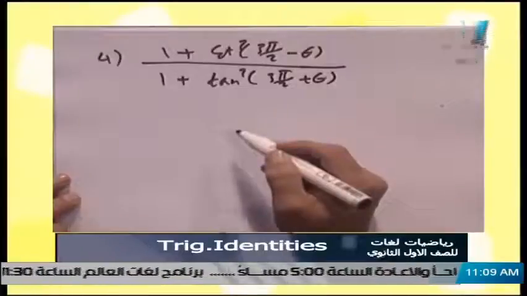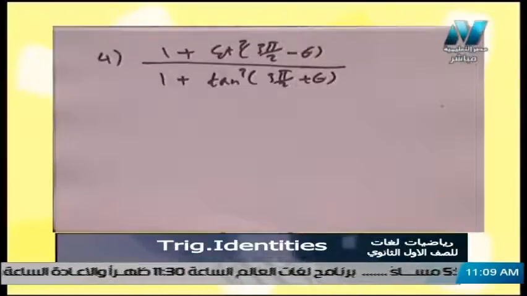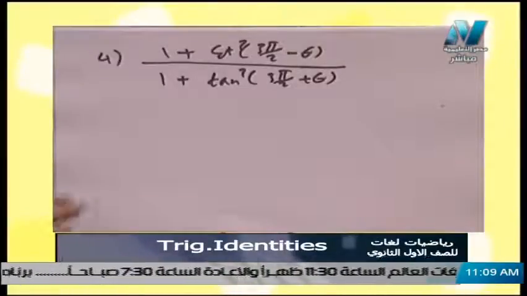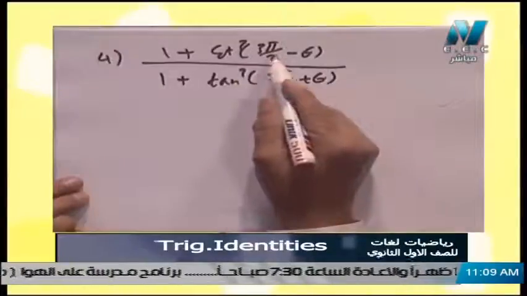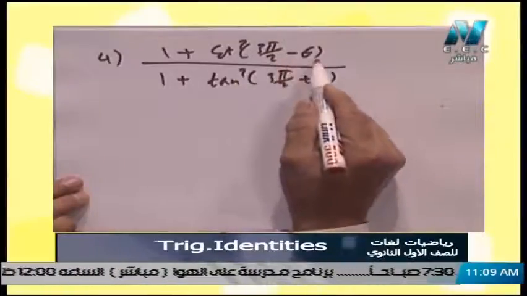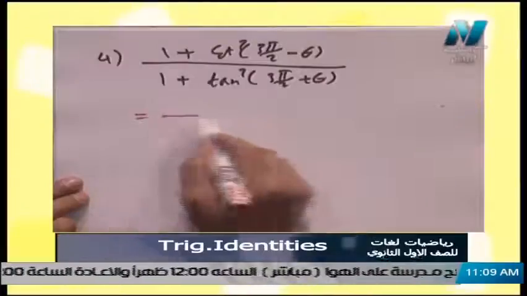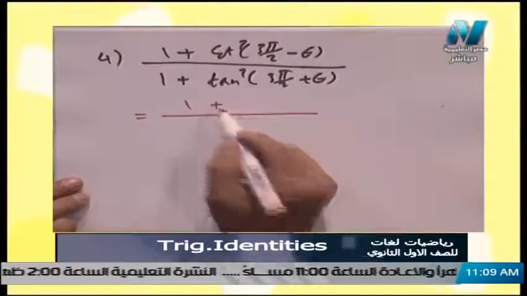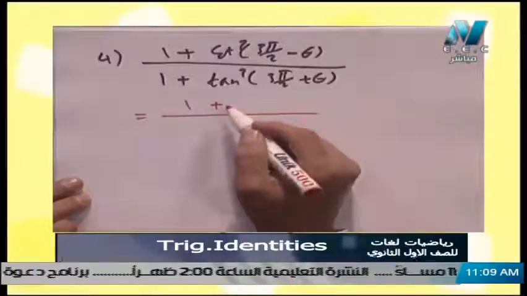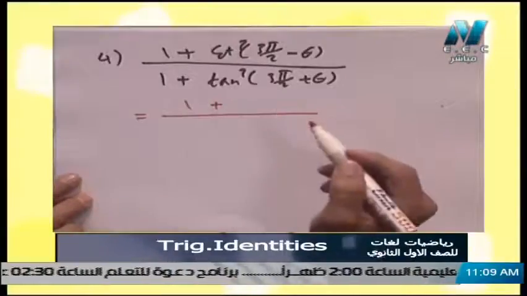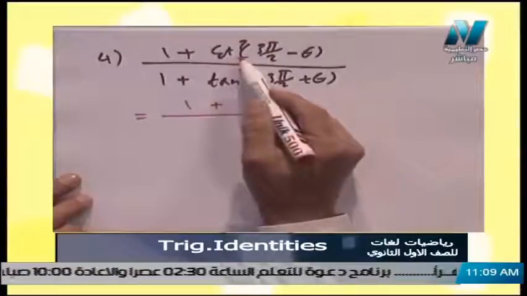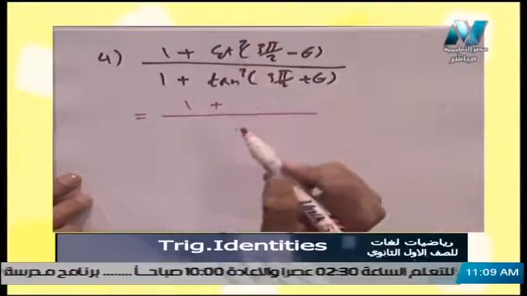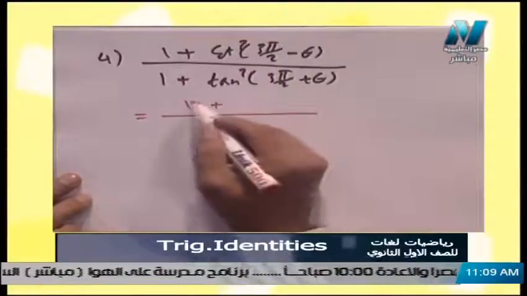We know, my dear students, that 1 plus cotan power 2 theta equals cosec power 2 theta.